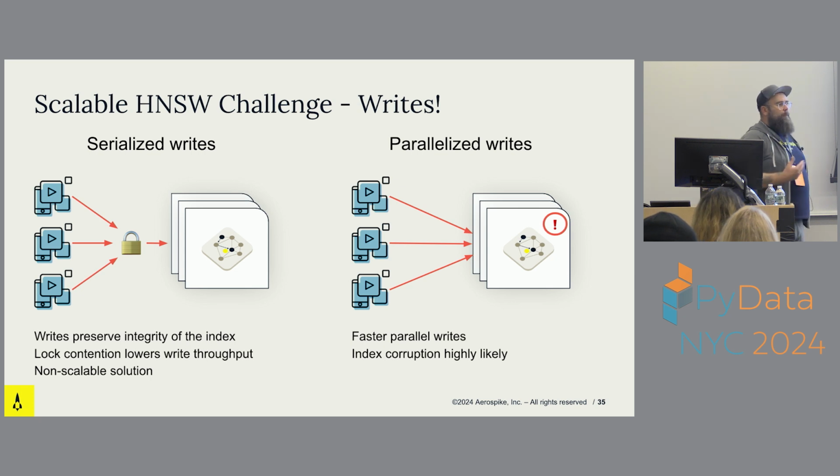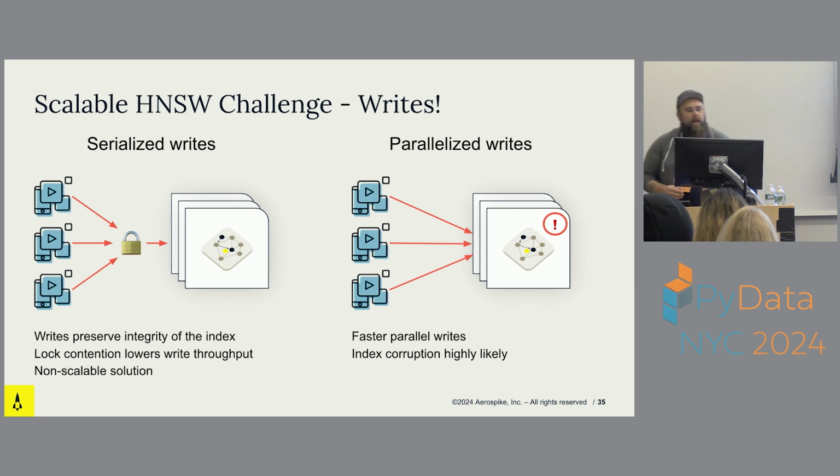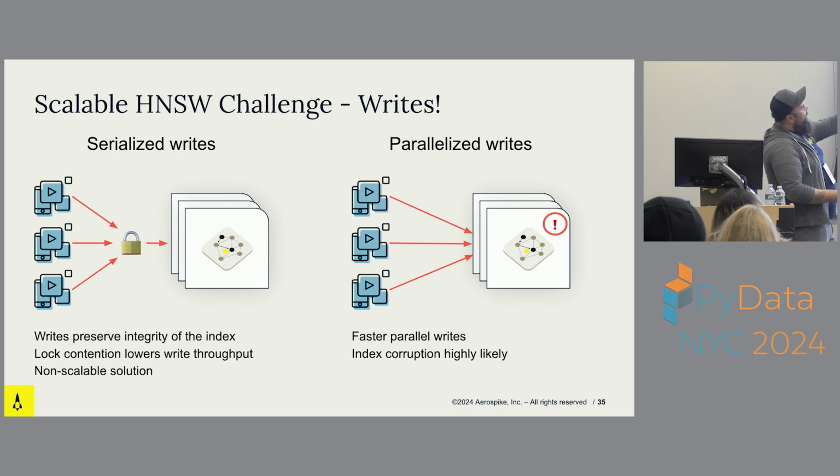One, if I wanted to do this at scale with a locking mechanism, I'm serializing writes. All of my writes need to lock the HNSW to add this to the index, update everything, and then I can do the next one. Because if I don't have that lock and I'm parallelizing writes, then I'm most likely going to run into index corruption.